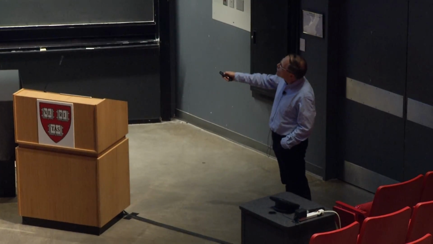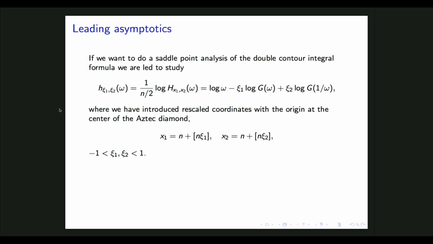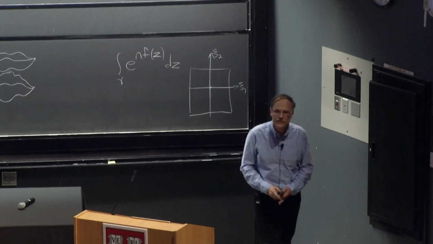You take the log, you write it as e to the h here, and you write it in exponential form instead, like this. And then you have this thing here, where xi1 and xi2 are the rescaled coordinates. Right? So you have this shape here, and I define sort of macroscopic coordinates xi1 and xi2 like this here.